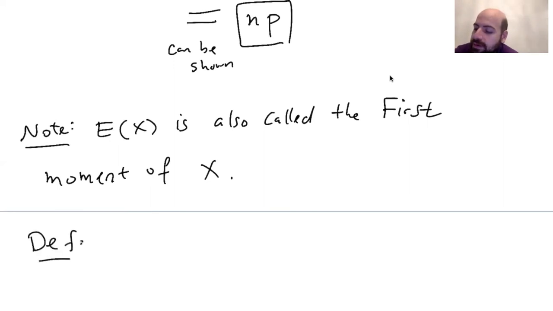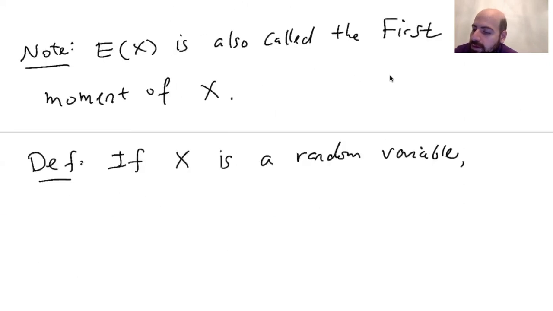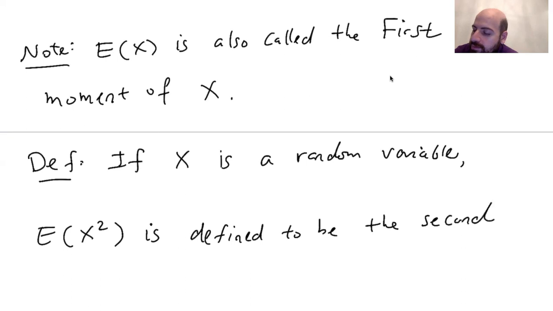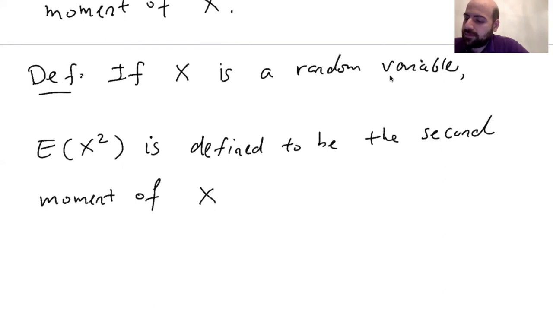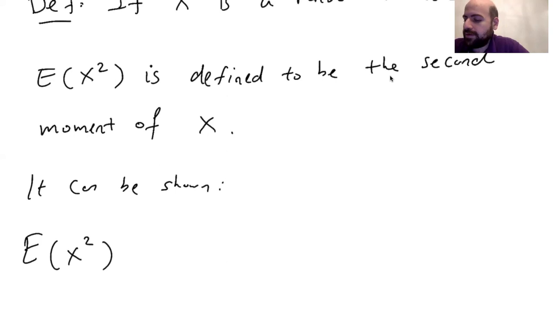Now definition, if X is a random variable, E of X squared is defined to be the second moment of X, and it can be shown that E of X squared is equal to sigma A squared P of X equals A.